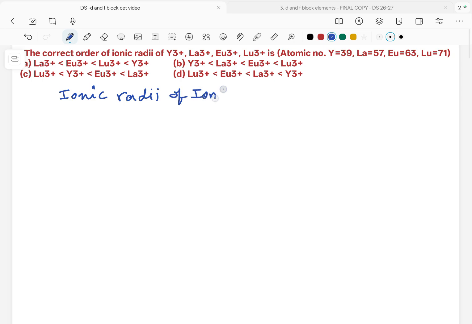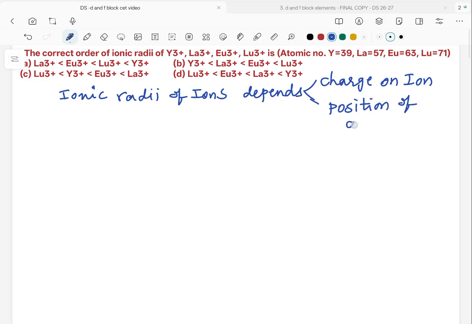The ionic radii of the ions depend on the charge of the ion, and it depends upon the position of the atom in the periodic table.